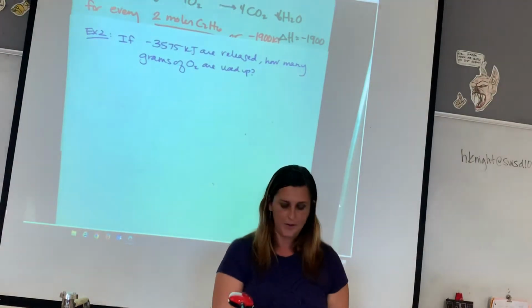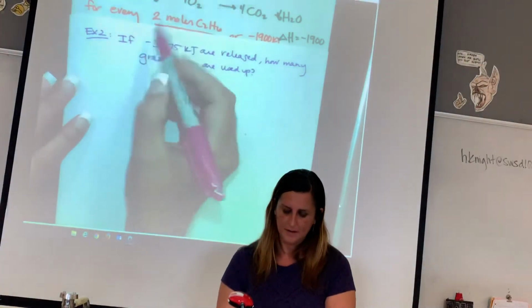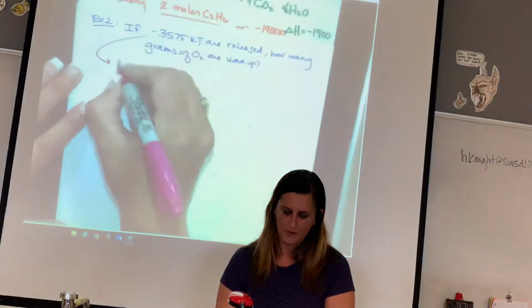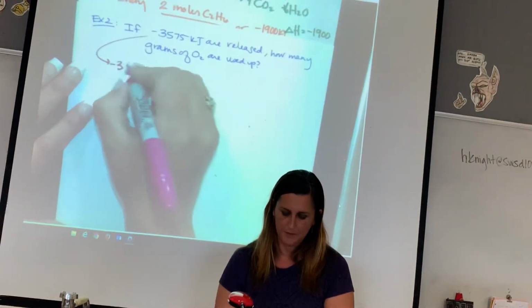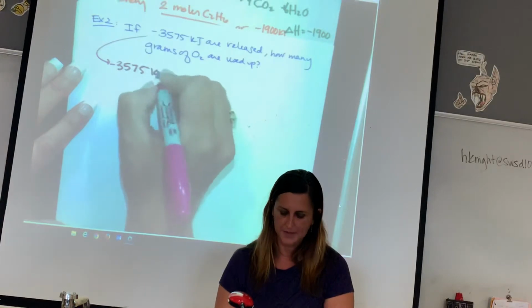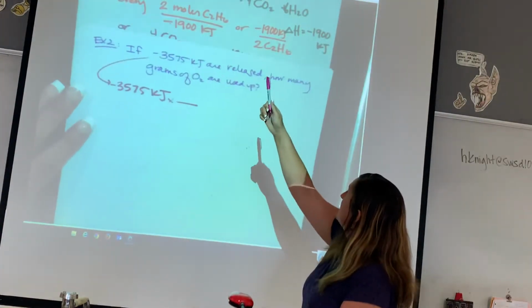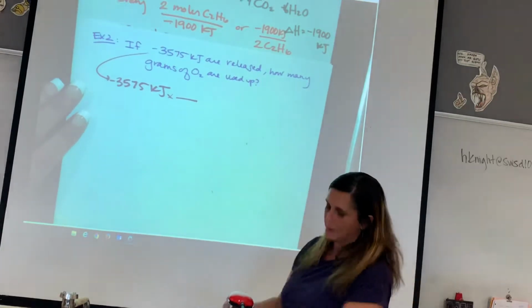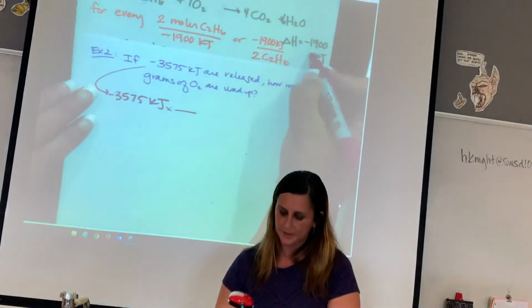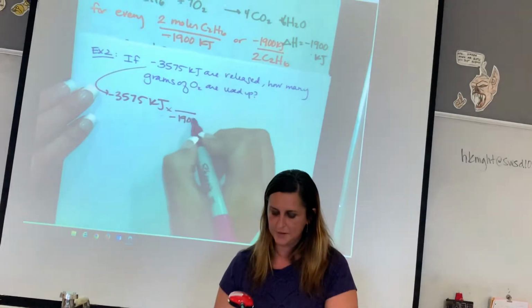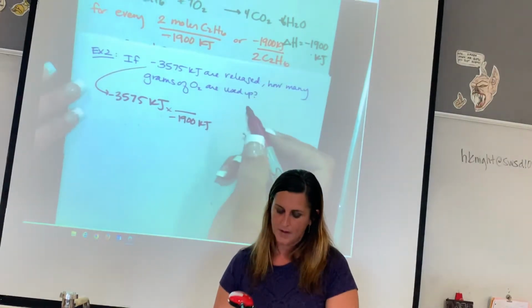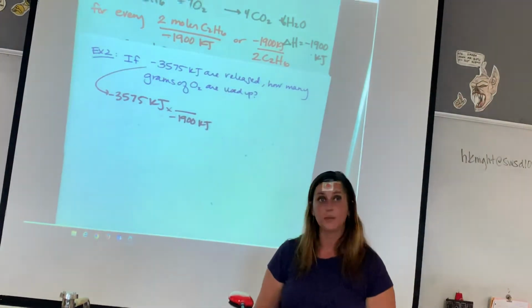Okay, so we're going to start with our heat, our kilojoules here. We'll have negative 3,575 kilojoules released. And then we're going to go straight to an equivalence factor where we use the heat of reaction, negative 1900 kilojoules. And we are asked about grams of O2.